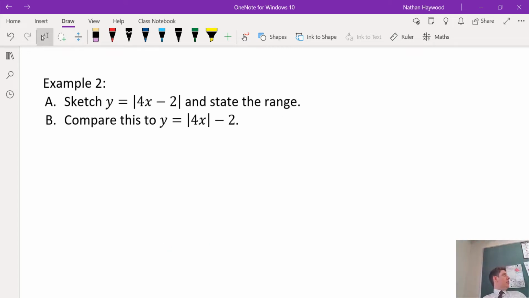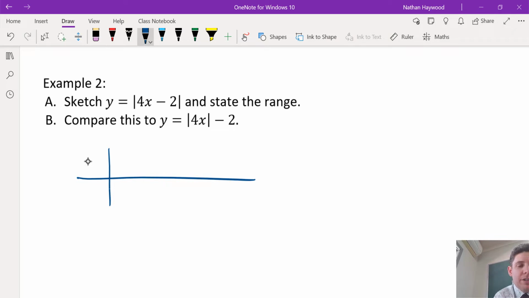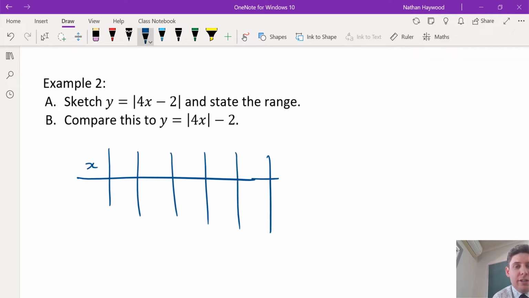Okay, example 2. If there were no absolute signs, the up and down lines, what would you do? If there was no absolute, you could use gradient and the y-intercept, or you could sub in some numbers.